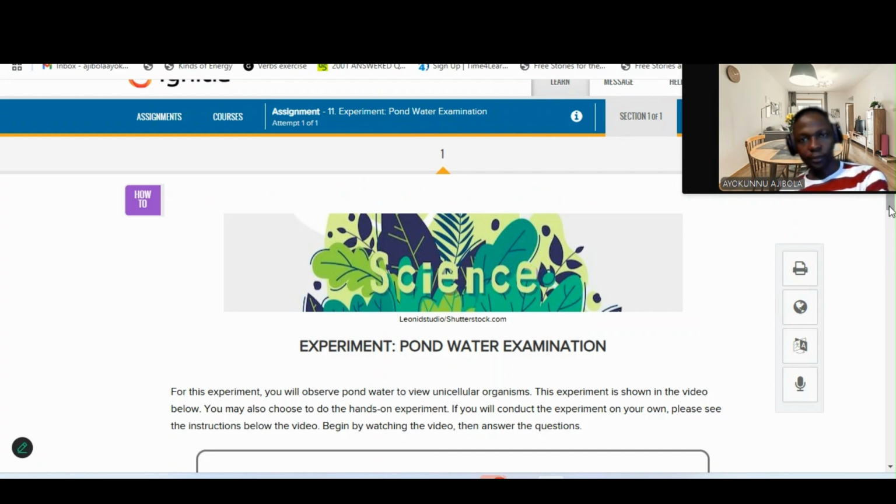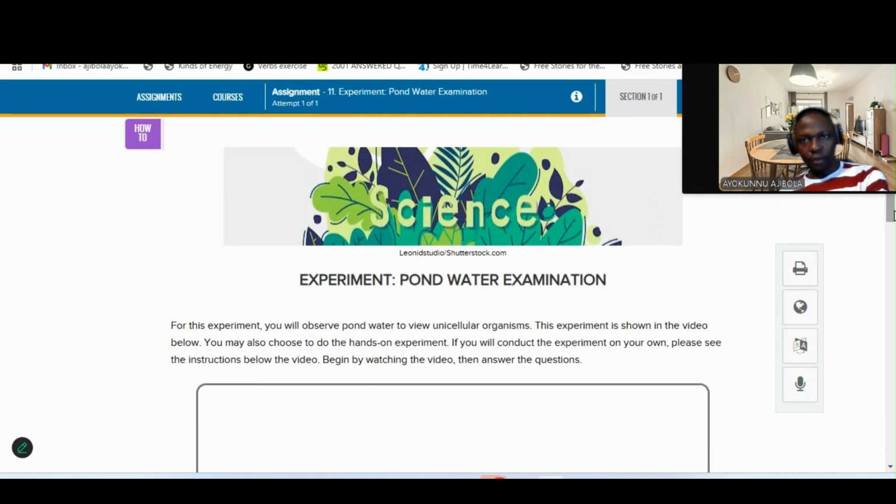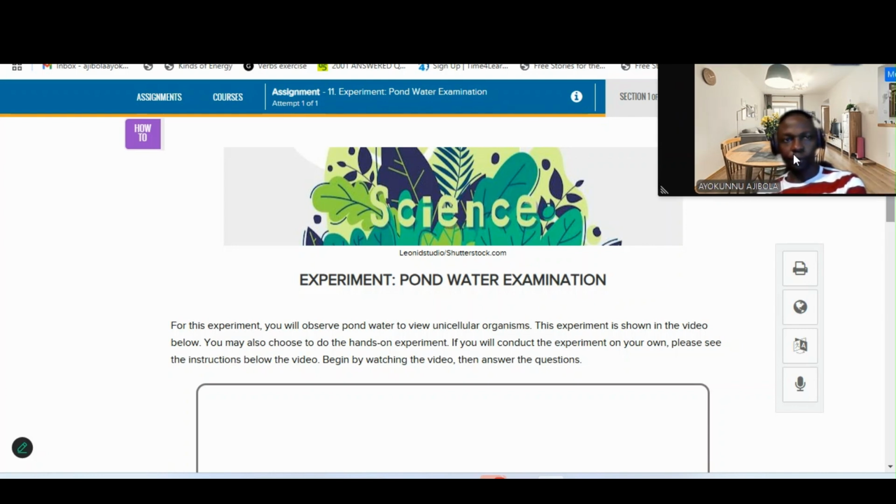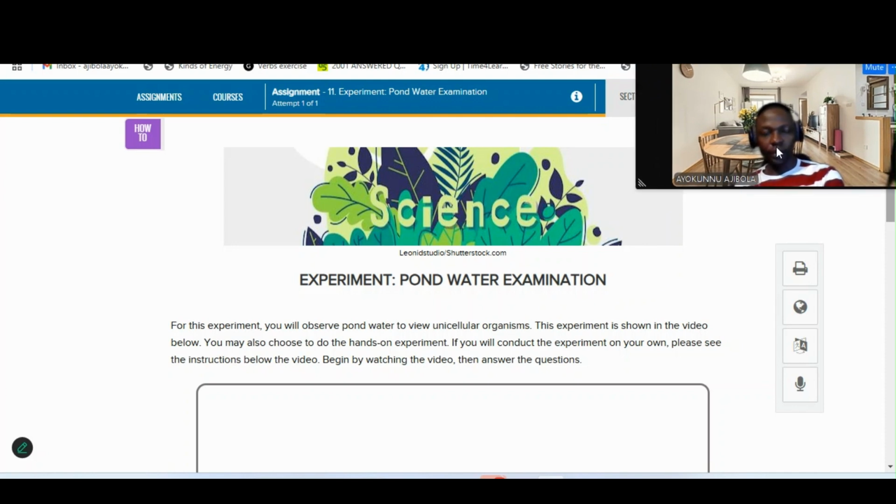So, you will observe the pond water to view the unicellular organisms. These are tiny organisms that you can only see with the aid of a microscope. You cannot see them with your naked eye, okay? Good. So we will go and watch the video now. Then after watching it, there are questions to answer. Yeah, you're raising your hand.